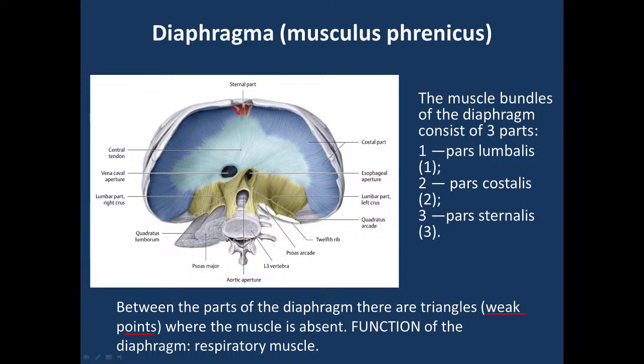Here are the anterior triangles, and here are the posterior triangles. As I said, it is a weak point. And the main function of the diaphragm is respiration. Usually it helps us to inspire air into the lungs.